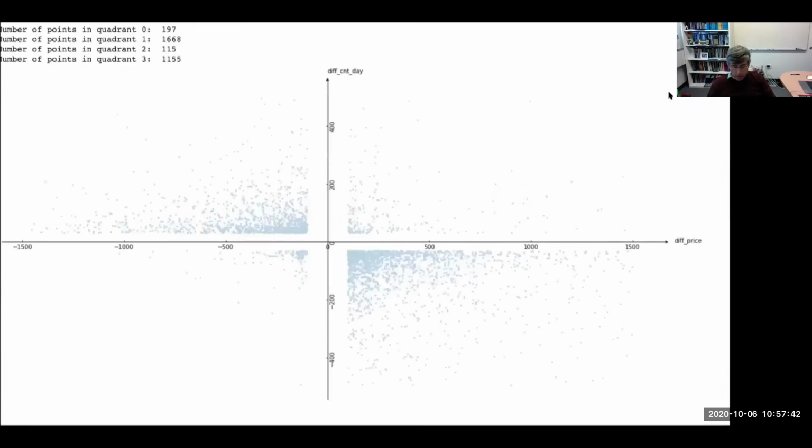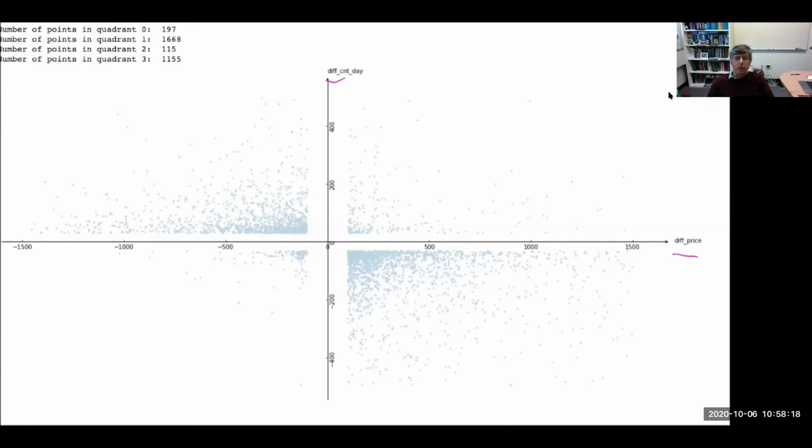So here is a plot where it looks like the x-axis is when there is a change in price, and the y-axis looks like the number of sales. Okay, what does this plot say? Can anybody read this plot? It looks like every dot represents a product. And what they're trying to show you is what happens to the sales when you raise the price, and when you lower the price.